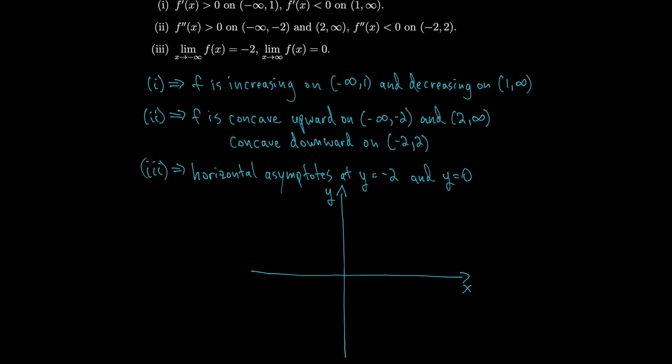Okay, first let's put in our asymptotes. Y equals -2; y equals 0 is already there, that's our x-axis. And it seems like our function changes concavity at -2, so let's put -2 in there.